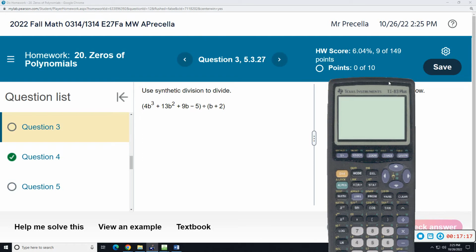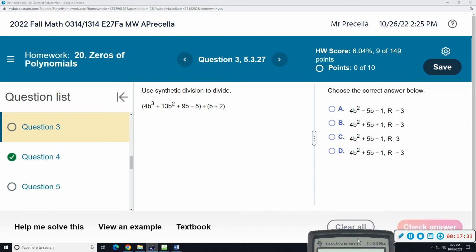So our dividend is 4b cubed plus 13b squared plus 9b minus 5, and our divisor is b plus 2.